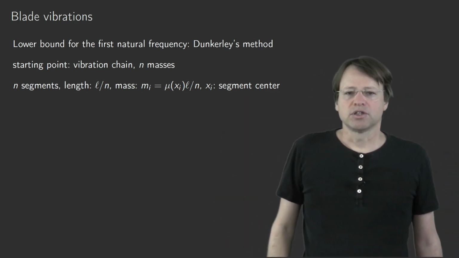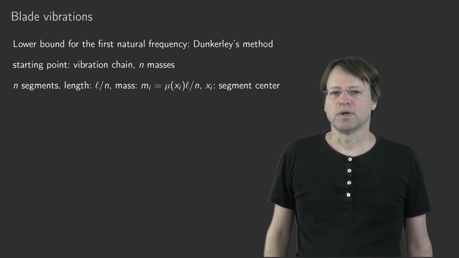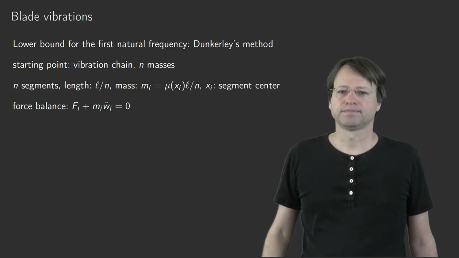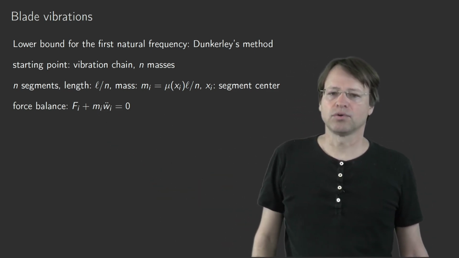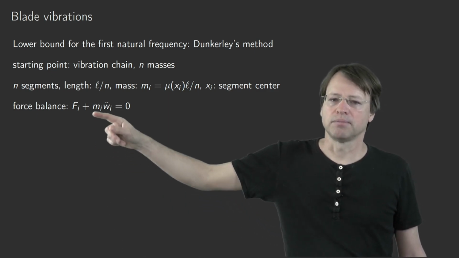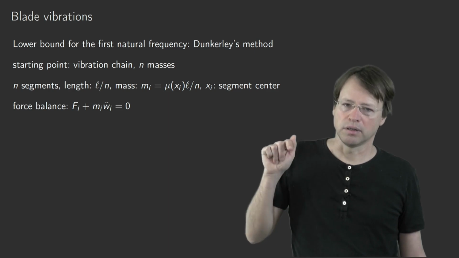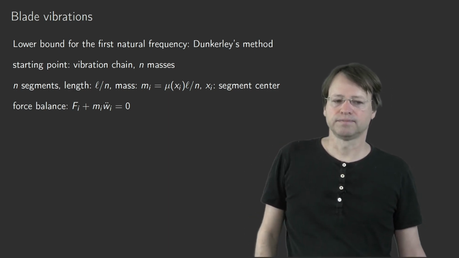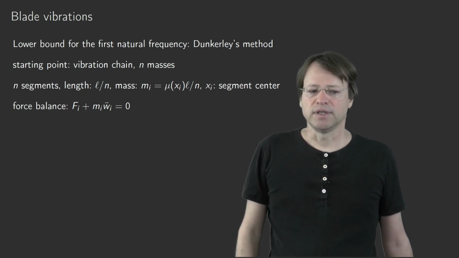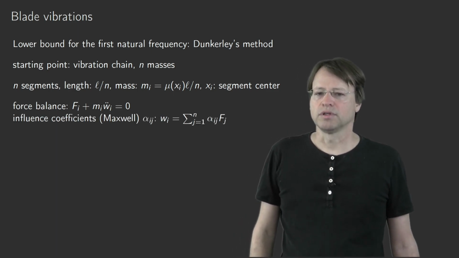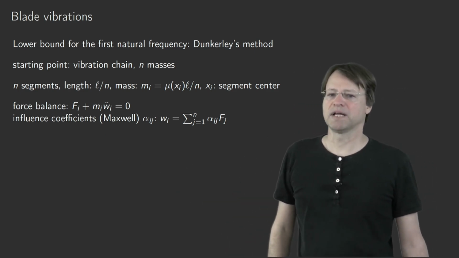Well, we need equations of motion for that vibration chain, and they are obtained on the one hand from a force balance, where we have the inertial force and some other force F sub i acting on that segment. The force F sub i is related to the displacement by influence coefficients, in the sense of Maxwell.